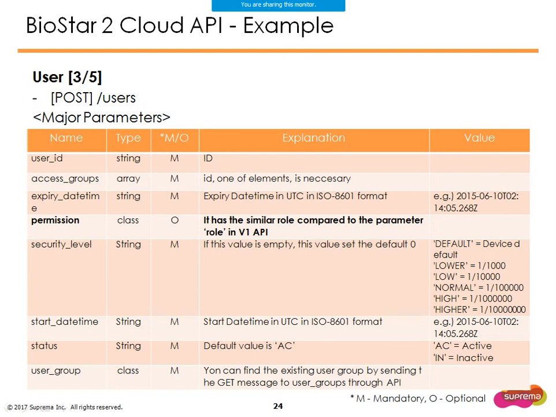One important thing is that on behalf of the parameter named role in V1 API, you have to use the parameter permission in V2 API. This parameter is used for expressing new function custom level in Biostar 2.4 or above.